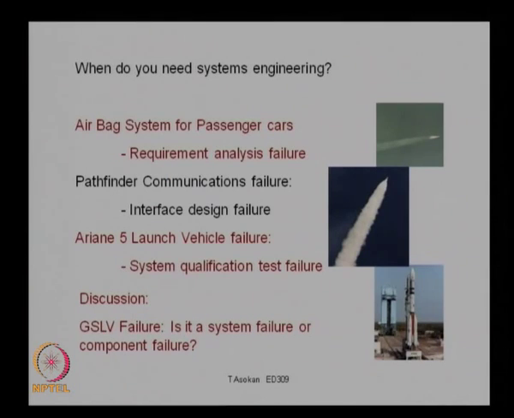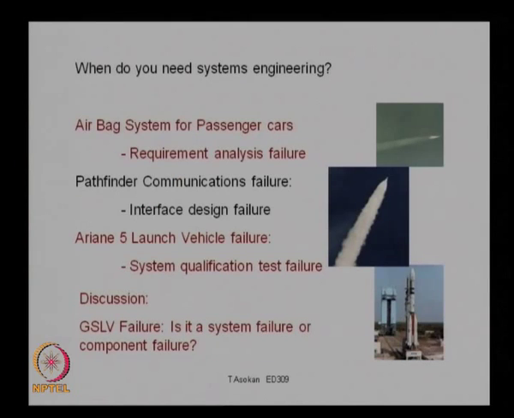We discussed some of the system engineering failures in the previous class, where we discussed the airbag system failure for passenger cars, and we found that there was a failure in the requirement analysis of the project. There was a failure in Pathfinder, which is again a space system, where the communication failed.